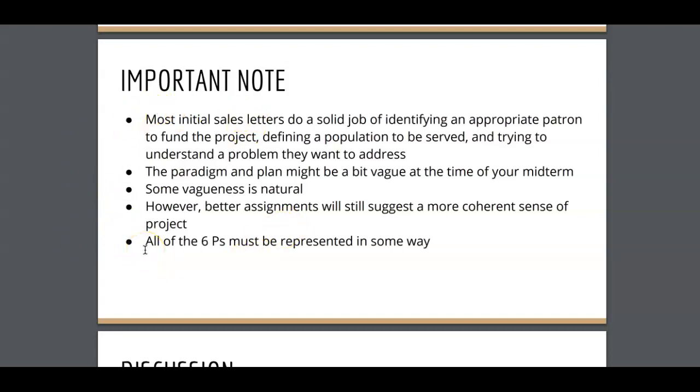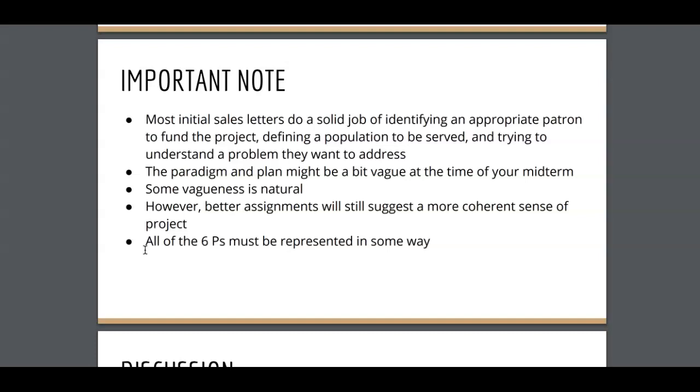Most initial sales letters do a solid job of identifying an appropriate patron to fund the project, defining a population to be served, and trying to understand a problem they want to address. So that means that your patron, your population, and your problem, those 3 Ps should be really thoroughly explored. They should be 100% gone over, and you should have a ton of research.